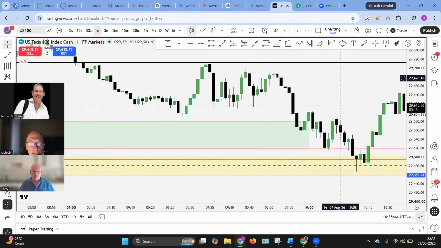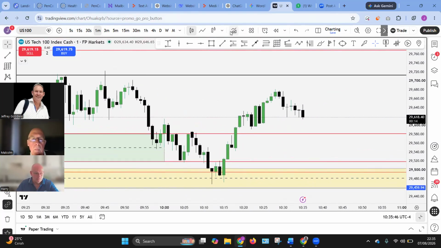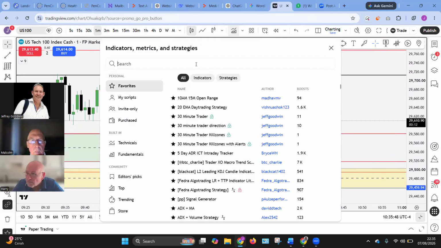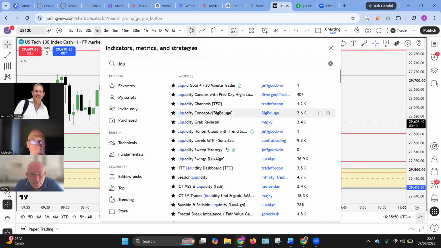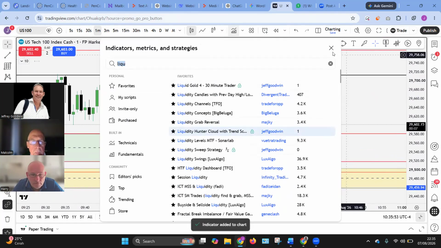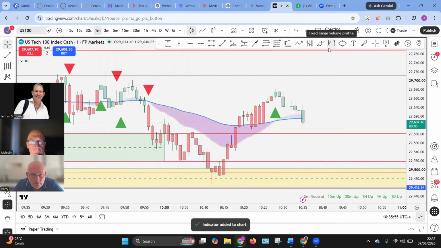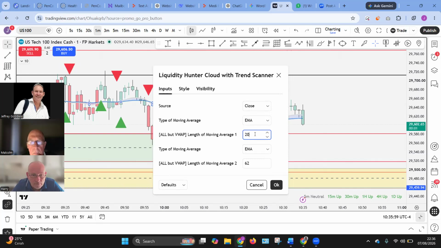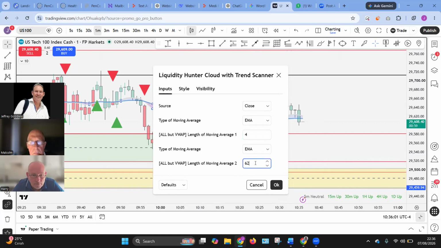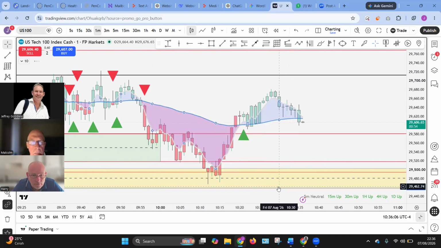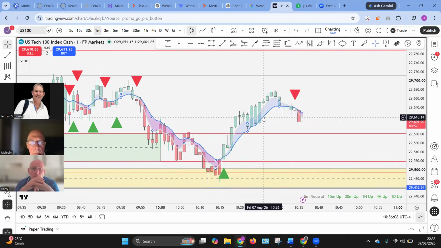So let's look at this on the 1 minute, and we'll put on the liquidity hunter, and then we'll put on the 5 minute. Let's change the settings. Sweet.